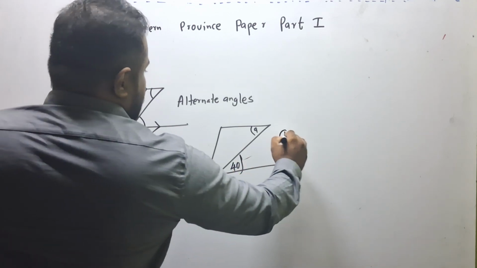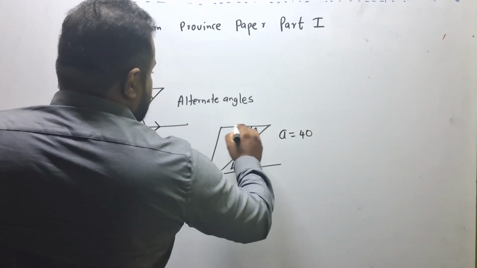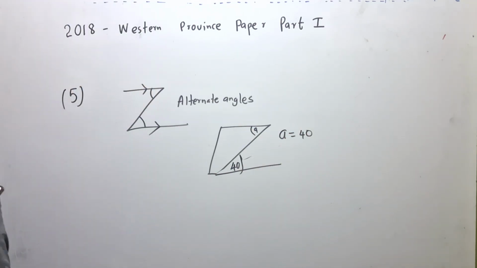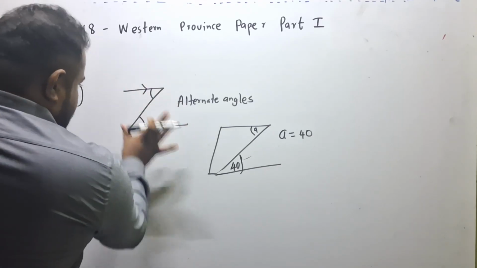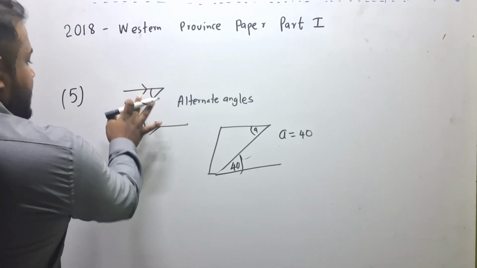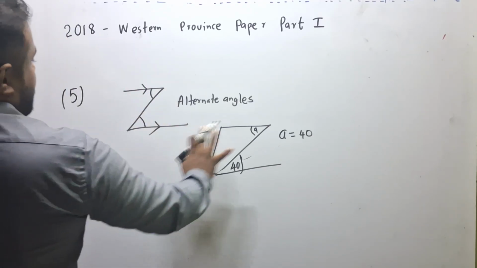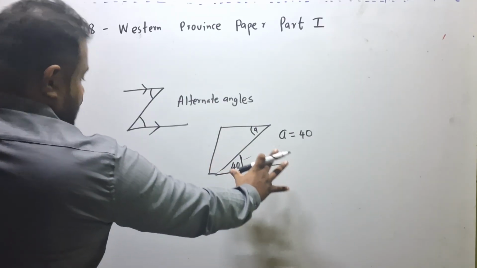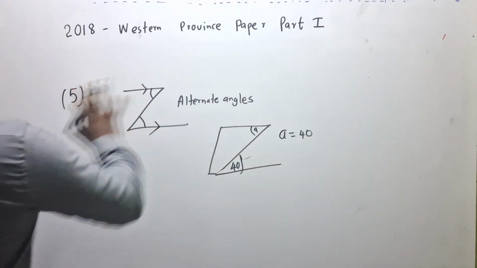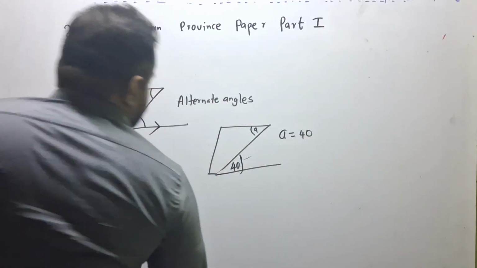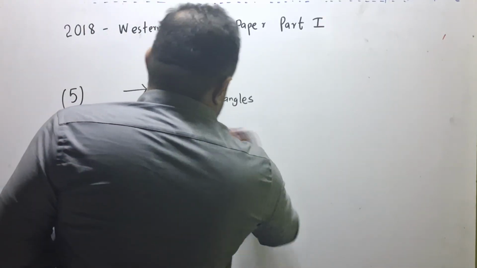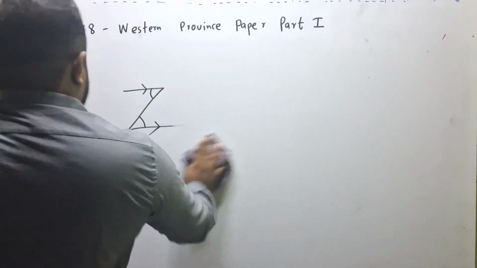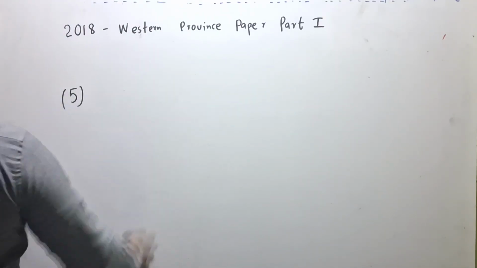You can't say A is equal to 40 though there is a Z shape. The Z shape should be there and there must be parallel symbols. If there are no parallel symbols, you can't use alternate angles. Okay, this is called alternate angles, Z shape.